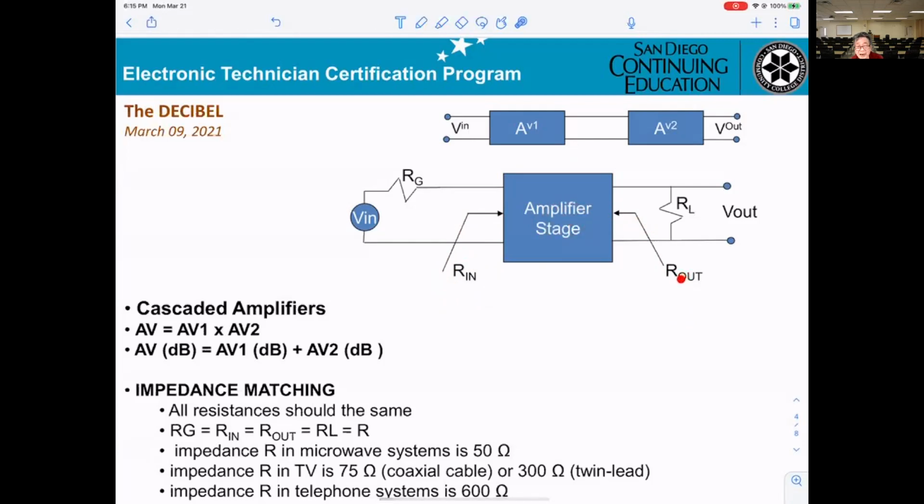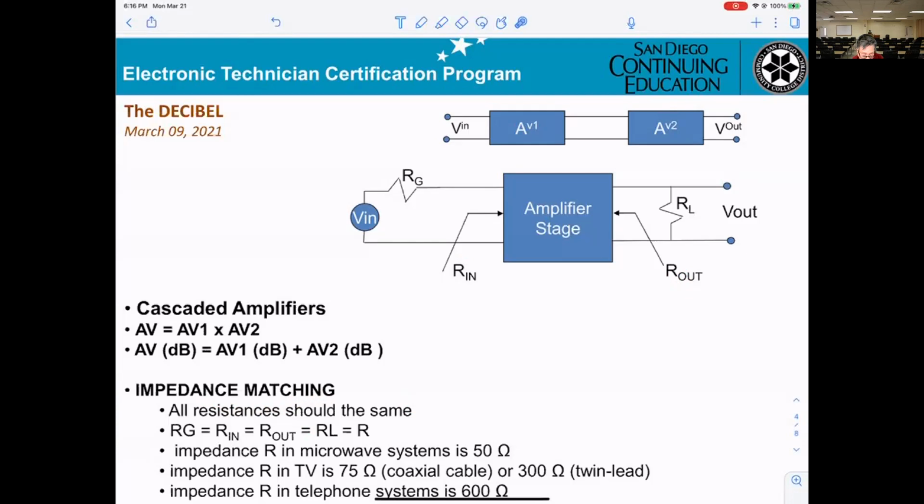That's what they call RO, or output impedance. So the resistances should be the same: RG equals R in equals R out equals RL. That means they have to be the same.